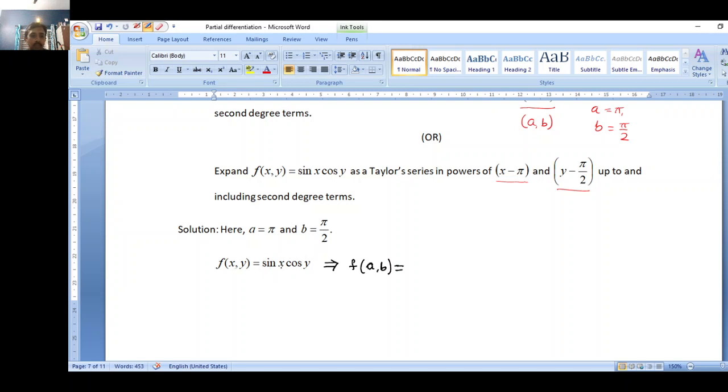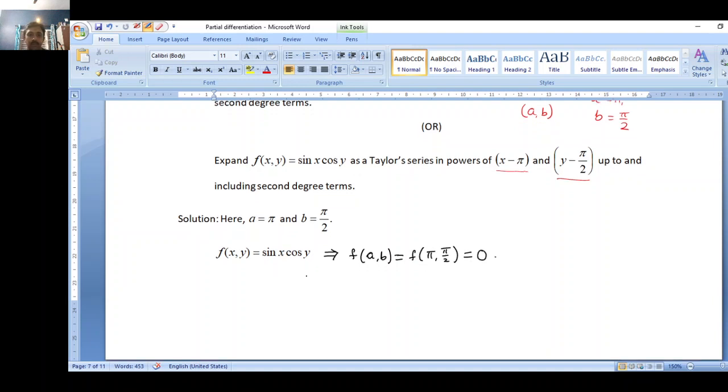So when you have x as pi, this will be sin pi and this will be cos pi by 2. So this is f of pi comma pi by 2, which is sin pi into cos pi by 2, which is obviously 0 because the value of sin pi is 0.